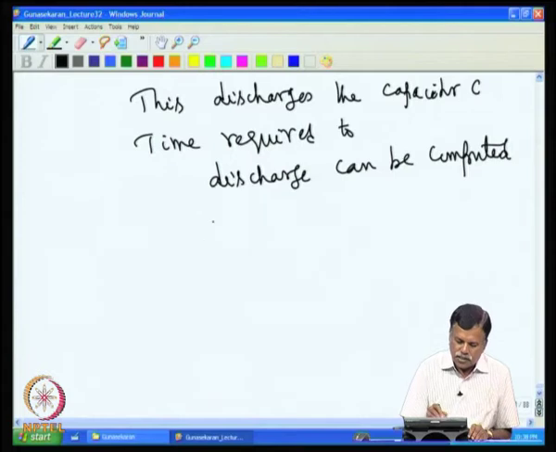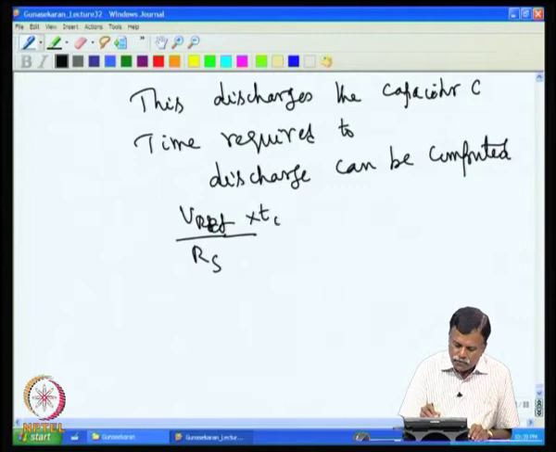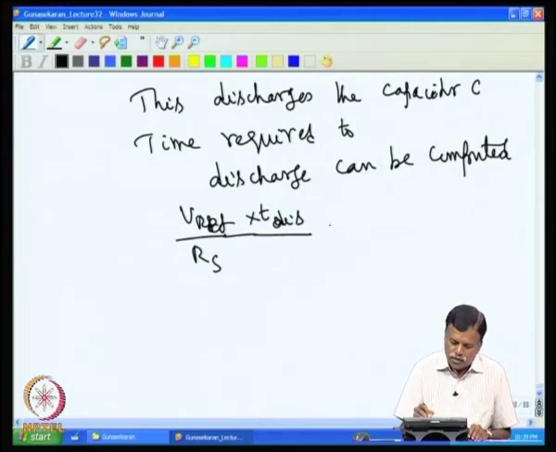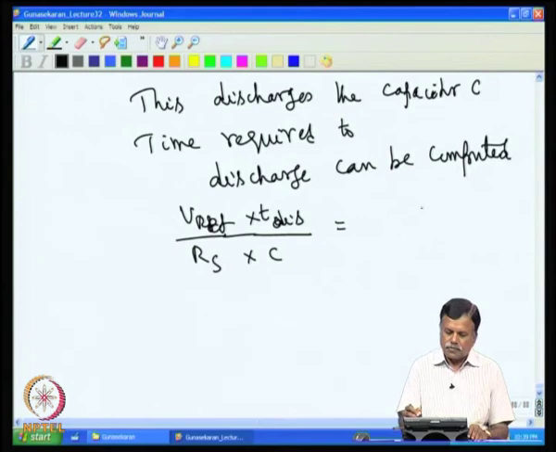So, the discharge equation is V reference by RS, which is the current, into T discharge, the discharge time, divided by C gives you the discharge voltage.